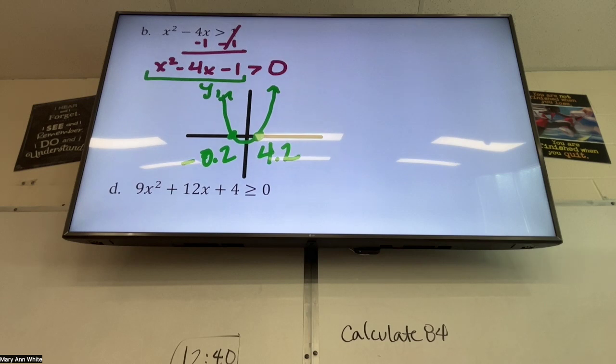Once you think you've graphed it, find your zeros, write your inequality. This time though, we're greater than 0, so think about what that means.